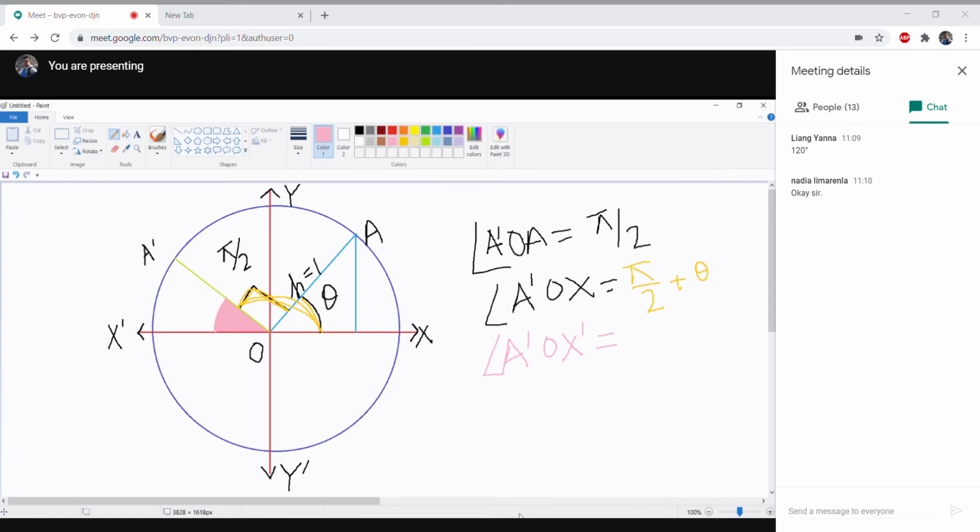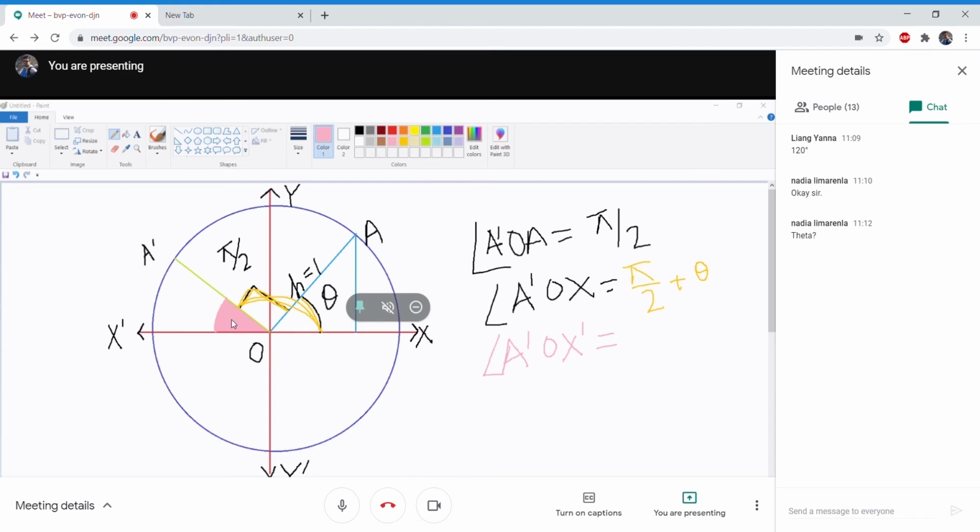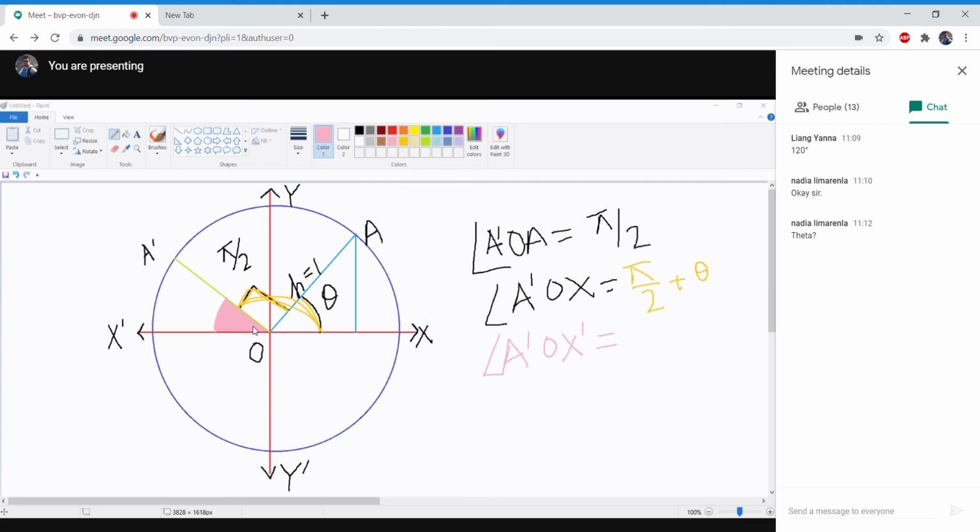Let's see, anyone, this pink color one, what is the value? Theta. No, not theta. It may look like theta, but not theta. It will be some combination of pi by 2 and theta. But what exact value?